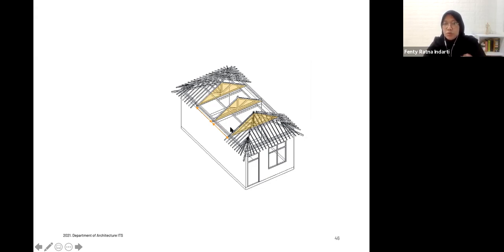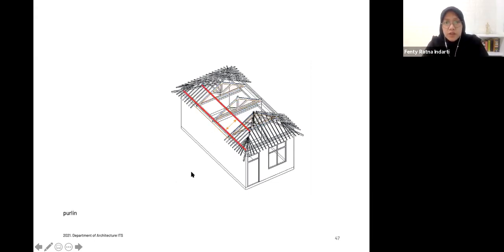Usually we have maybe 3 or up to 3.5 meters, which is the maximum, but you can use a shorter one, so that it doesn't break in the middle. So those are the things related to the rafter.